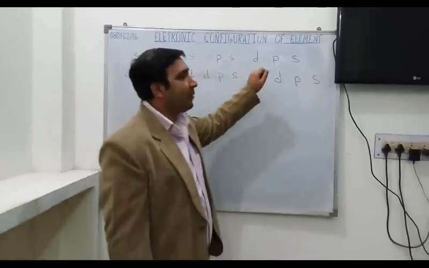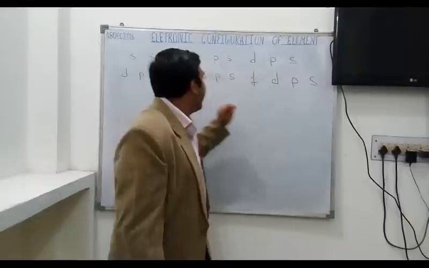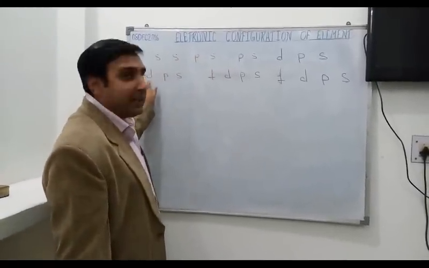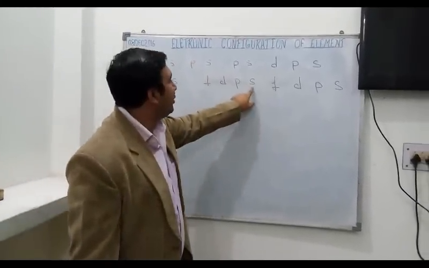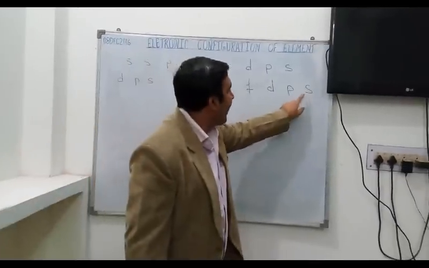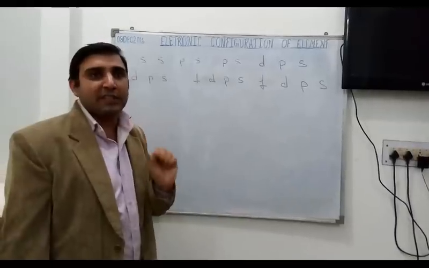Now you can see here, we have written SPD, and again the same thing, SPD. Then SPDF, and here also SPDF. Every time we are writing two times the same thing.